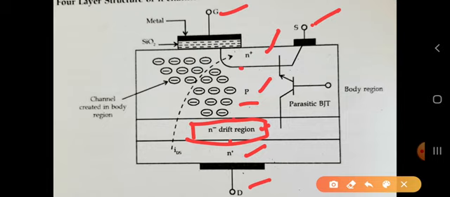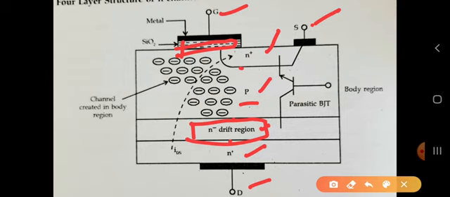Here N minus is lightly doped, and the last one, N plus, is again heavily doped. One thing I forgot to explain is why this SiO2 silicon dioxide layer is used in between the gate and this P connection, that is, the channel created by the body region.